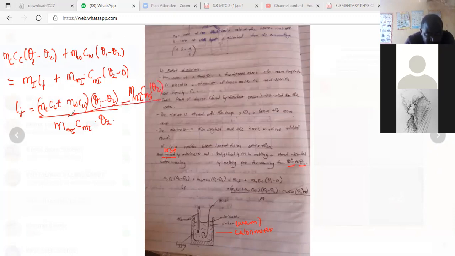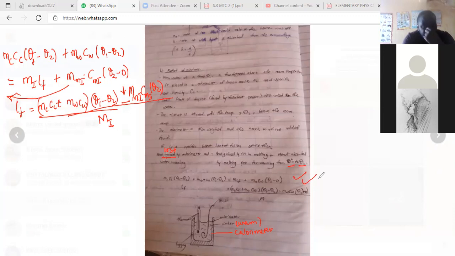This is divided by the mass of the ice. It's because this one has gone to the other side, so it becomes negative. So that's how this equation came about.